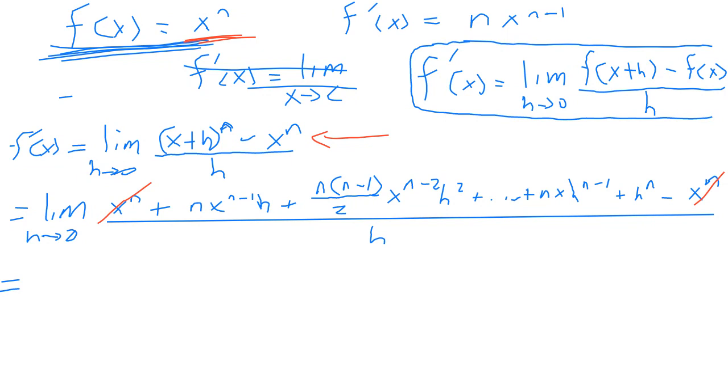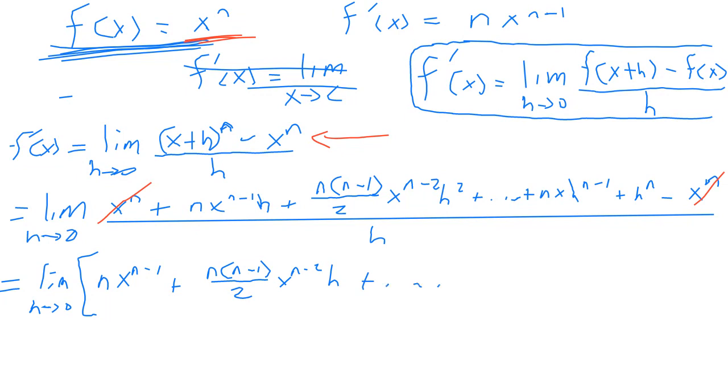So we're going to get the limit as h tends to 0. N x, I'm going to need a big bracket here because there's no more denominator. It's divided out. N x to the n minus 1 plus n times n minus 1 over 2 x to the n minus 2 h, because I divided out one of the h's, plus and so on.